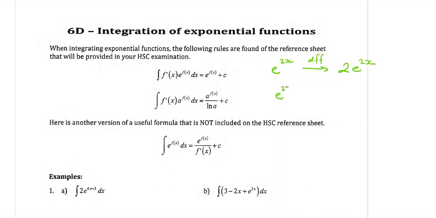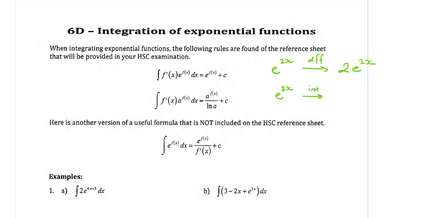Let's take e to the 2x and now integrate it. I'm going to start with the same thing each time. Because if I did start with the 2e to the 2x, go back to that when you integrate it. But what I'm saying is you don't always have that 2 that you need in front of your integral.